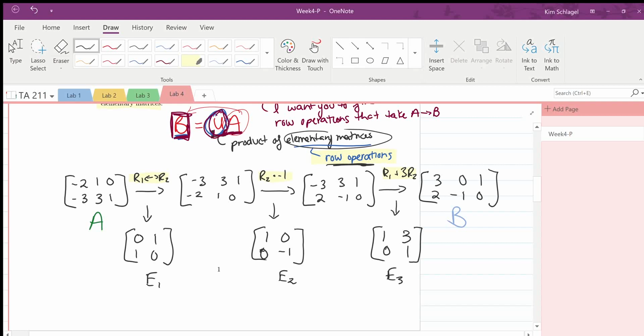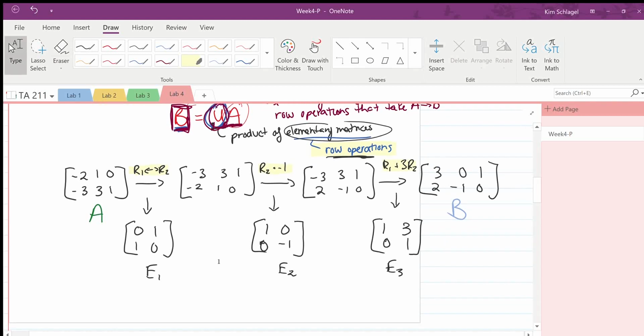In the last case, you remember that we had to find the inverses. Now, why did we have to find the inverses for the last one? It's because we wanted to write A as the product of these elementary matrices.